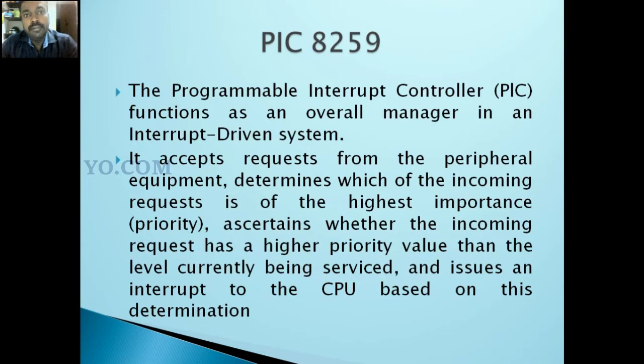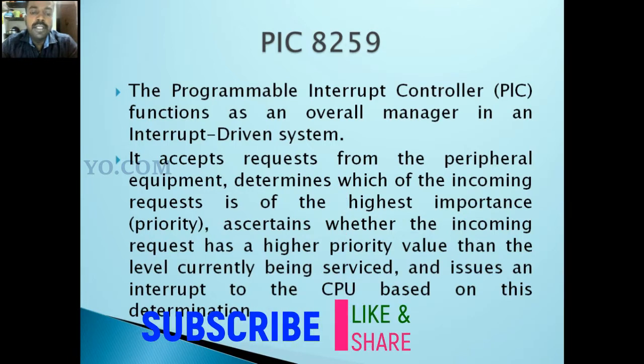So in order to service any one interrupt, it produces some priority levels. Based on the priority, it will service one of the interrupts, and the other requests are waiting in a queue. Okay, right.